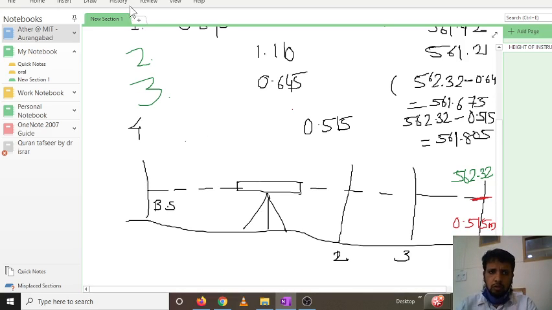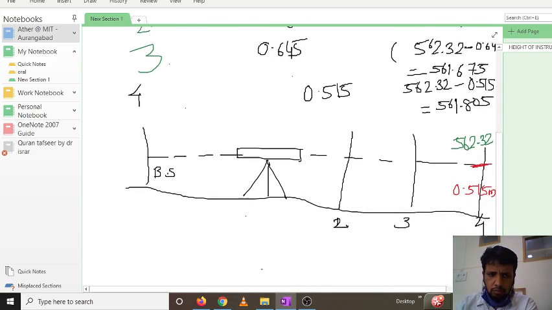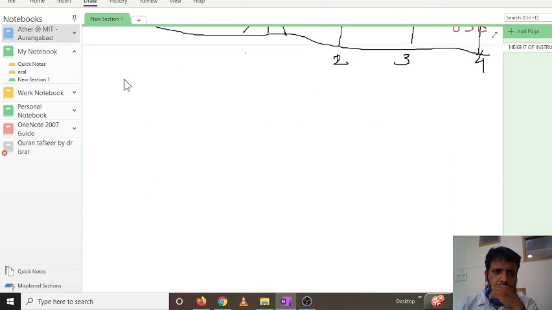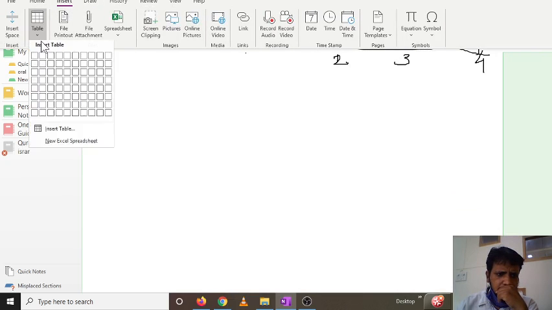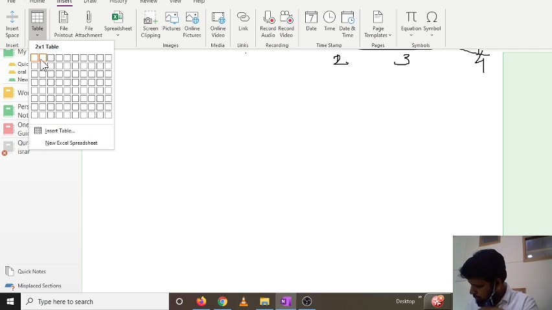So if you draw the table, your table becomes like this one.